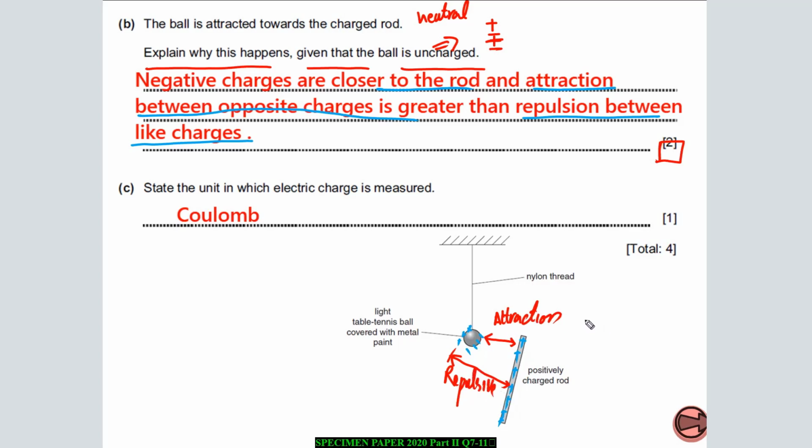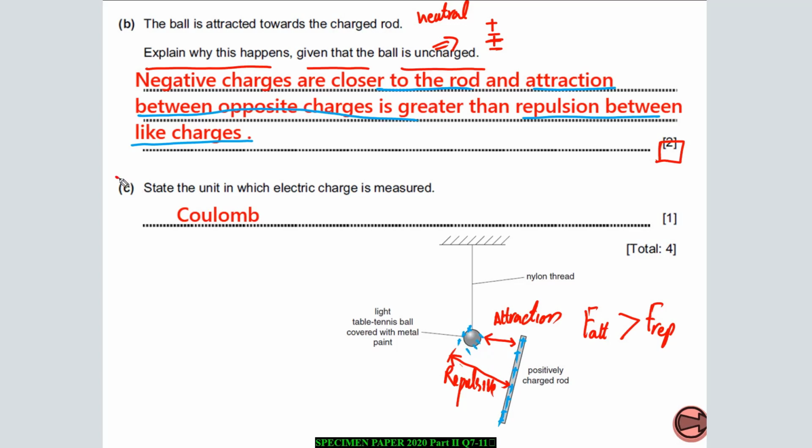So in this case, force of attraction is winning. Force of attraction is greater than repulsive force because this distance is shorter than this distance, means the distance between same charges. So that is the reason.